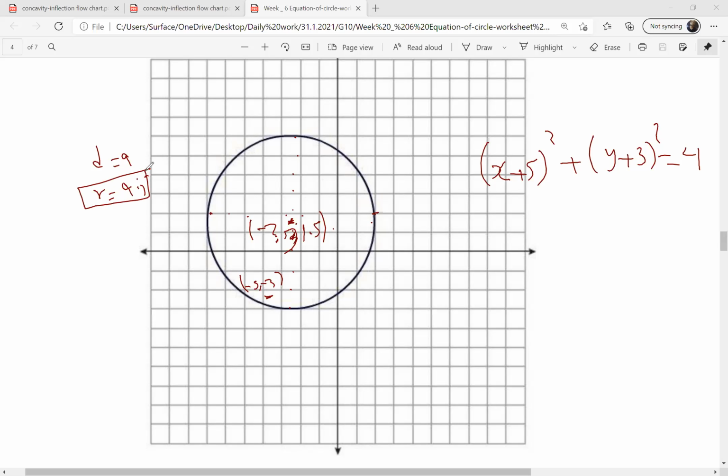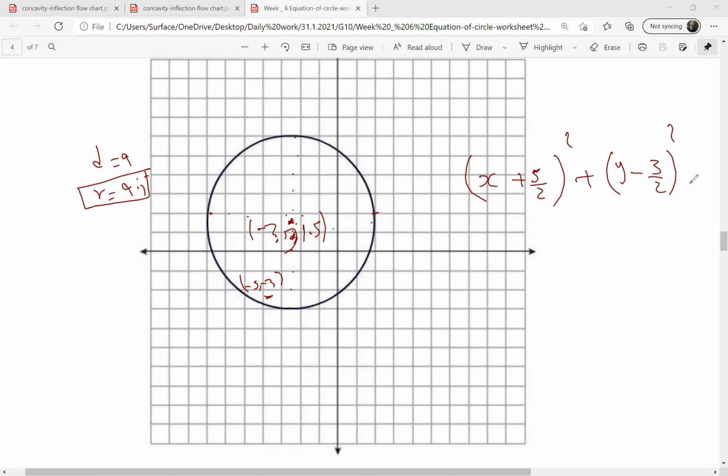So who can tell me the equation of the circle? The equation will be x plus 2.5, which is 5 over 2, all power of 2, plus y minus 1.5, which is 3 over 2, all power of 2, equals the radius power of 2. 9 over 2 is 4.5, so 81 over 4.